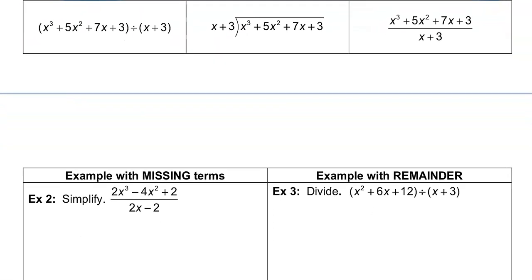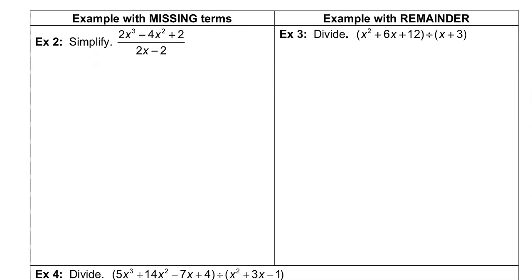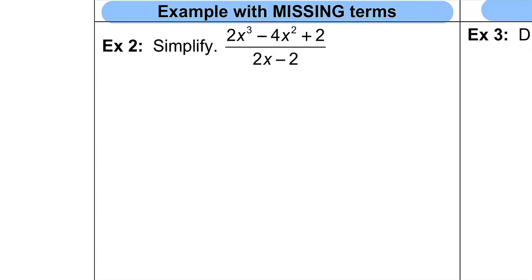Okay, now, here's the thing that we need to come into. There are two types of problems that now need to be addressed. One is, what do you do if you have missing terms? And the other one is, what do you do if you have a remainder? Got it? So what do we do when we have missing terms? Let's focus on that one first. I'm going to put a note in here.